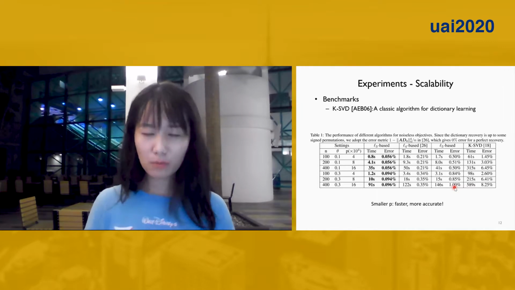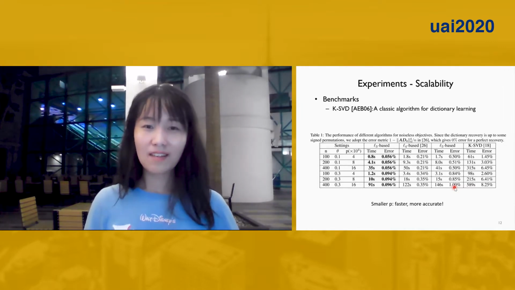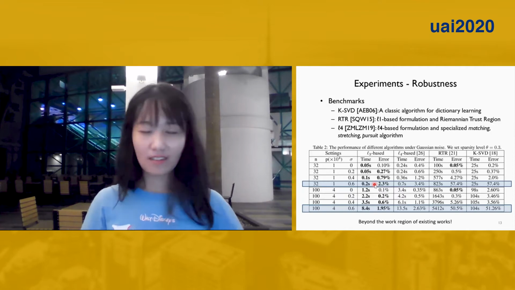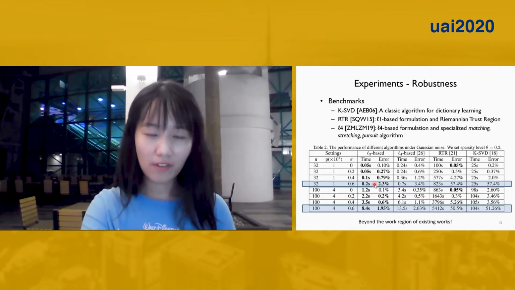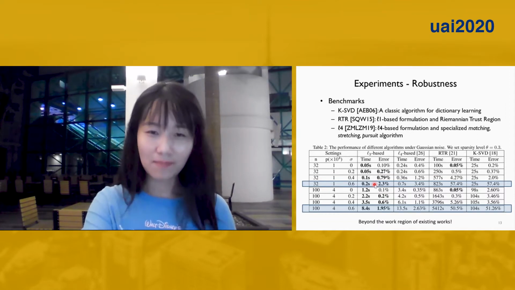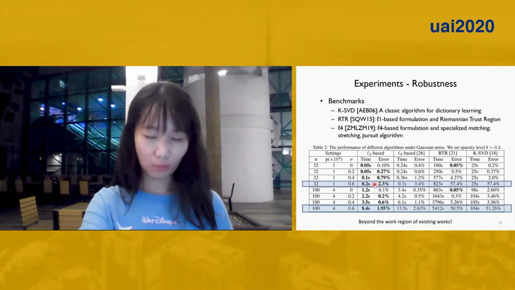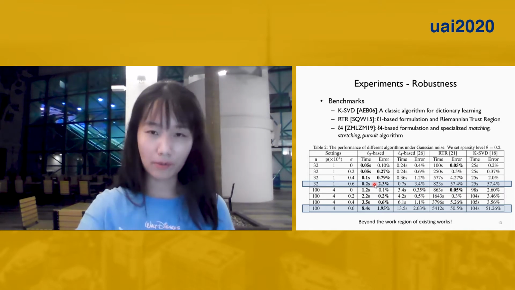So in this way, we thought that L3 is the best choice because 3 is the smallest integer which is larger than 2, right? And we also tested the robustness compared to other baselines. We find that surprisingly, maximizing L3 norm can recover the dictionary very accurately, even with Gaussian noise. We also showed the theoretical proof in the paper.